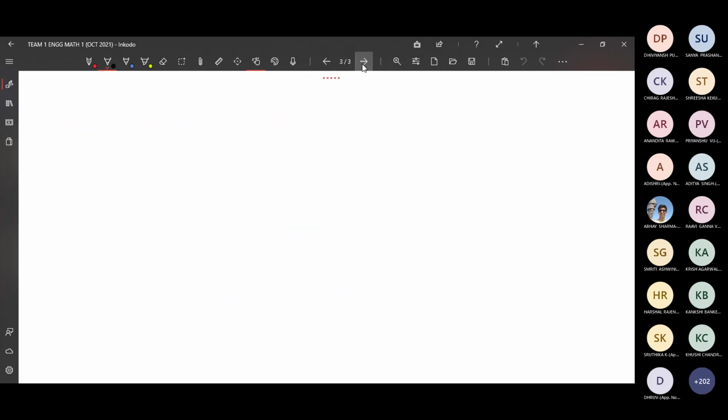Now, we know that the direction of a curve at a particular point is determined by drawing a tangent line at that point. So the direction of the curve at any particular point is determined by drawing a tangent line at that point.